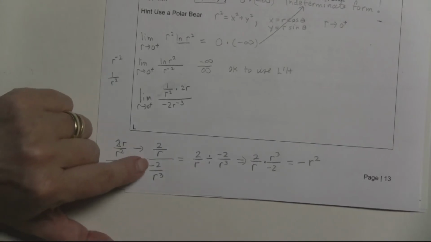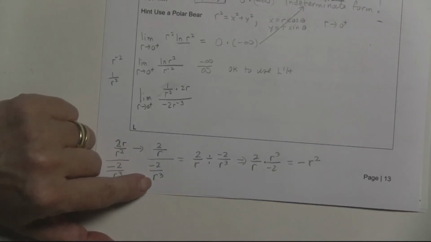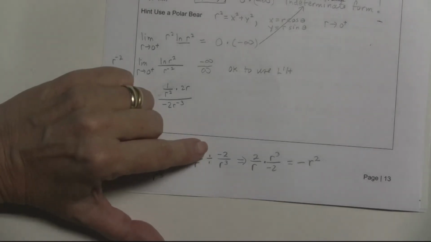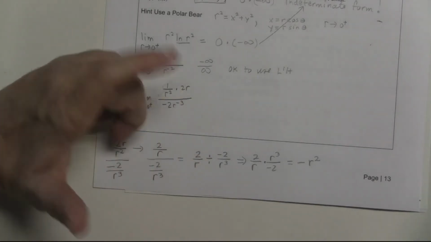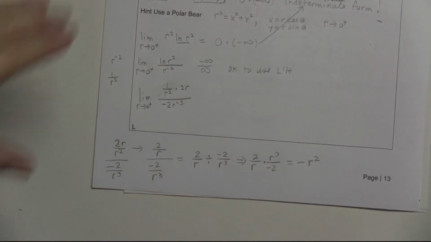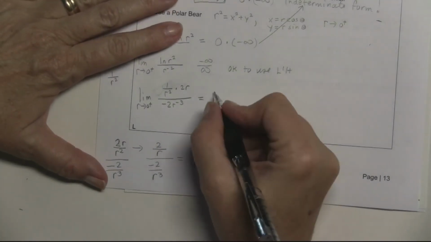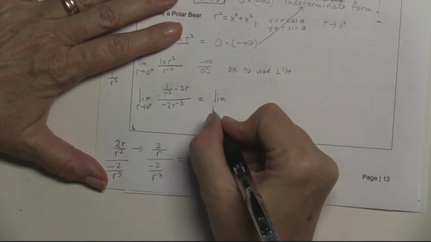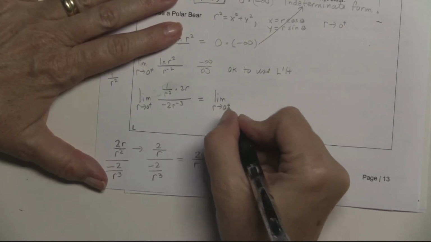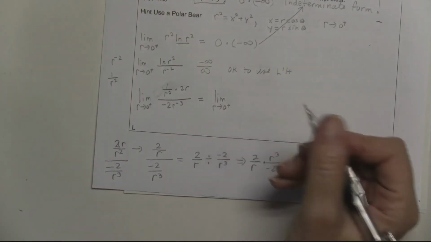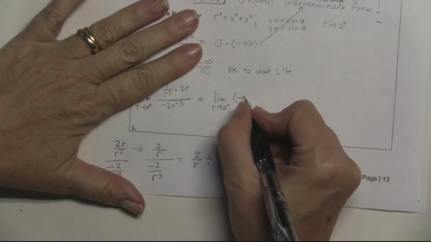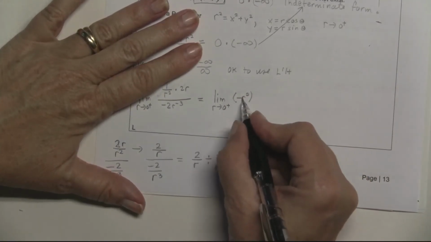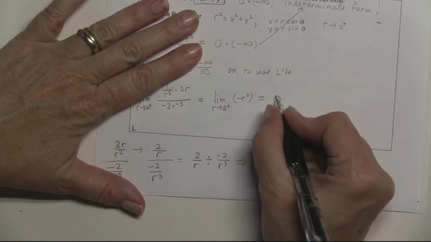And so this is negative 2 over r cubed. So it is divided by, and you flip-flop it. I think I made a mistake before. Okay, so the limit as r goes to 0, I made a mistake on my algebra. Ooh, has it ever happened to you? Of negative r squared. And as this gets close to 0, this is getting close to 0.